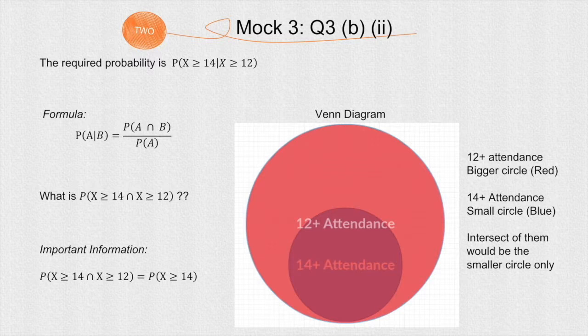So we have to find the intersection of 12 or more attendance and 14 or more attendance. From the Venn diagram, we know that 14 or more attendance is fully enclosed by the 12 or more attendance. So the intersection would only be the 14 or more attendance.